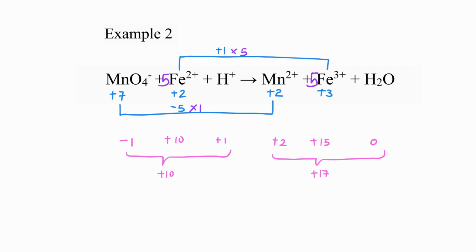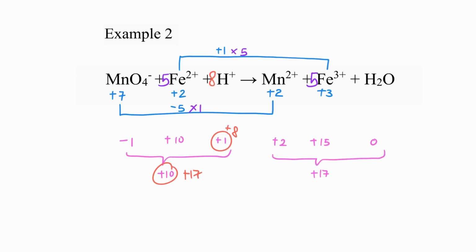So in this case we got to multiply by 8. So we have +8 for H+ ions. So in total, +8 minus 1 and +10. So we have +17 for the new charges for the left hand side. So this is how we balance off the charges for the left and right hand side.